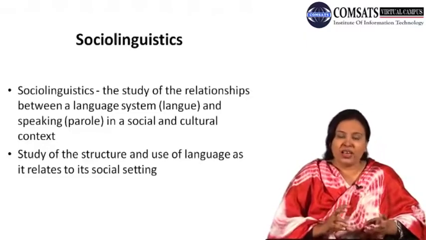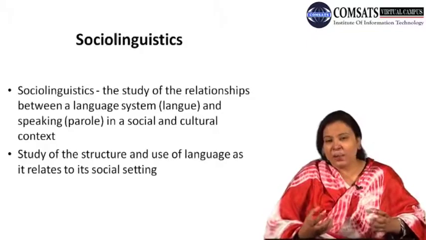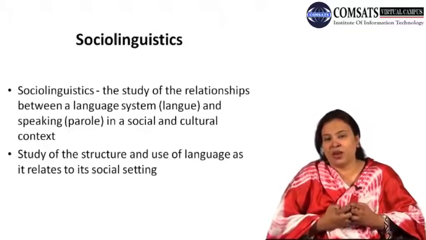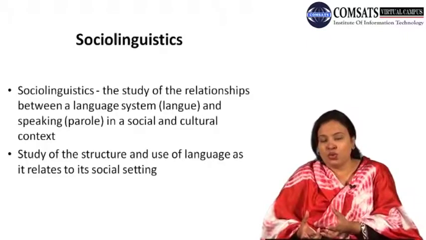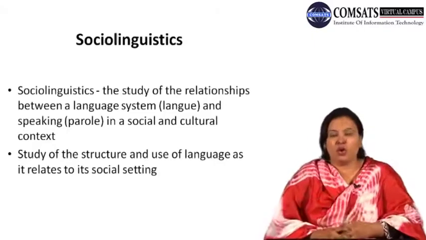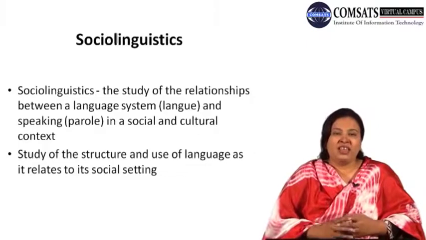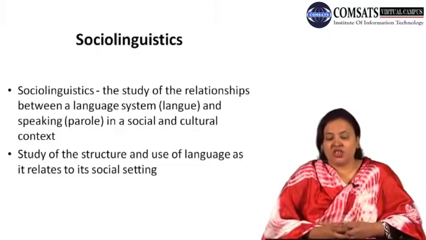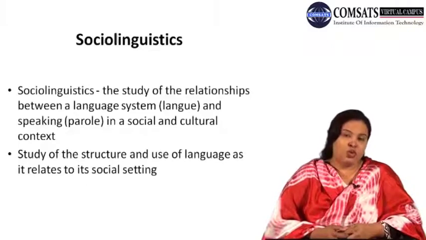So langue and parole are two aspects within a language. When we combine these two aspects, that is the knowledge of language with the knowledge of the users who speak that language, then that comes under the discipline of sociolinguistics. In its most simplified form, sociolinguistics is the study of structure and use of language as it relates to its social settings.